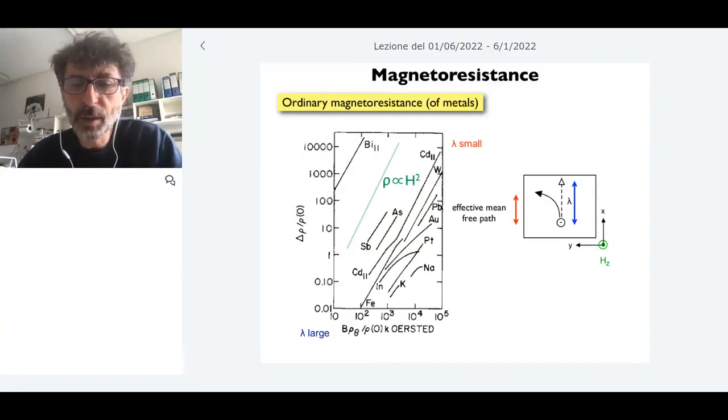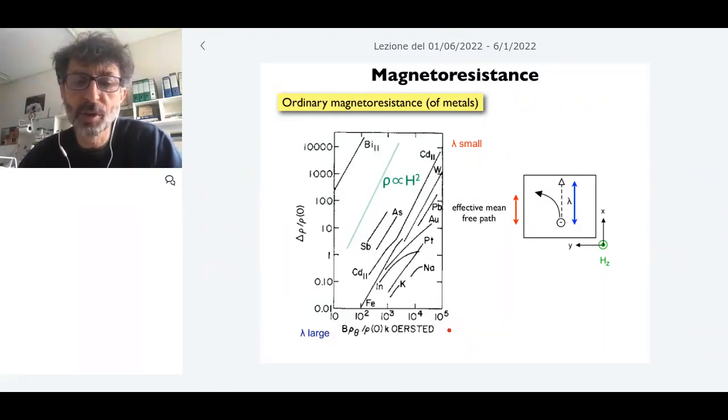If you see the picture at the left, you see a plot of the change in resistivity with an applied magnetic field. And at the bottom here, you see a scale where you have the applied magnetic field multiplied by a ratio between the resistivity at high temperature, so at the Debye temperature essentially, over the resistivity at zero temperature.